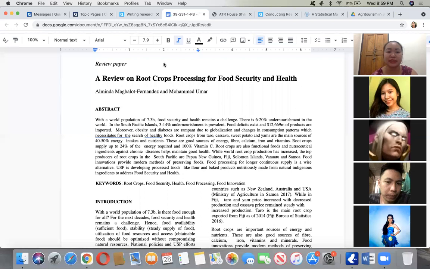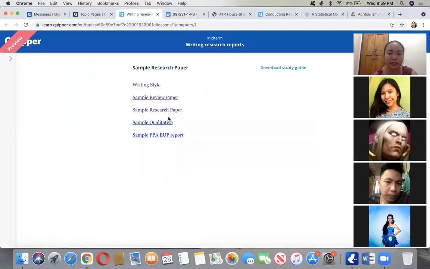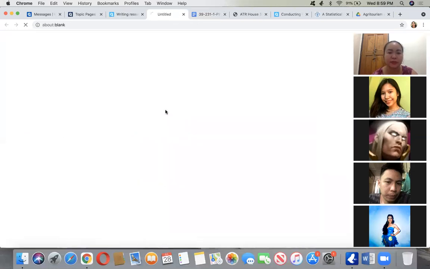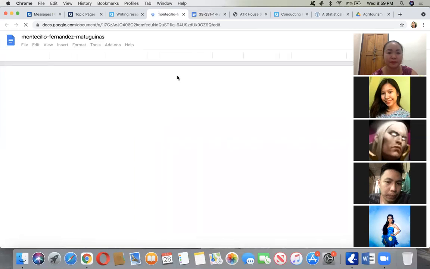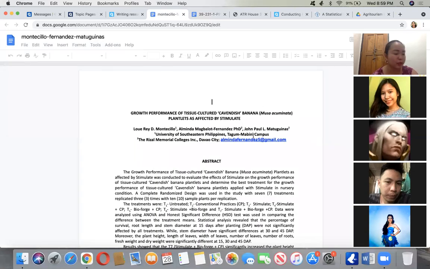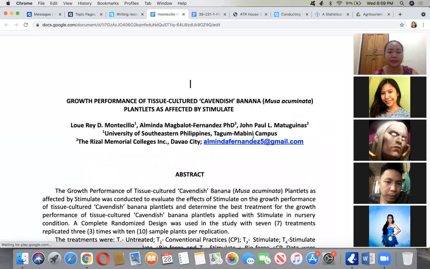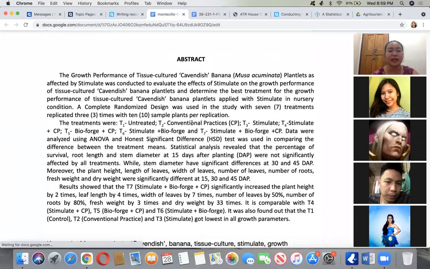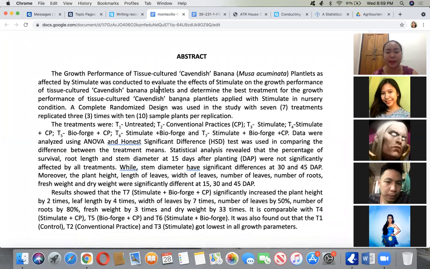But when you do the research paper, let me just compare review and research paper. So when you do a research paper like this, in your abstract, first you state the purpose or objectives. I'll just compare both so it can be discussed.